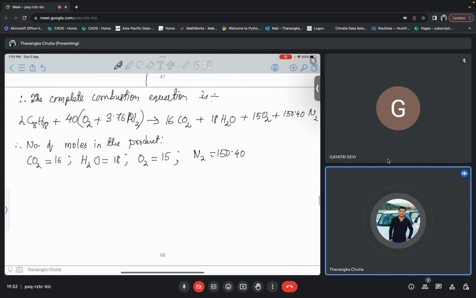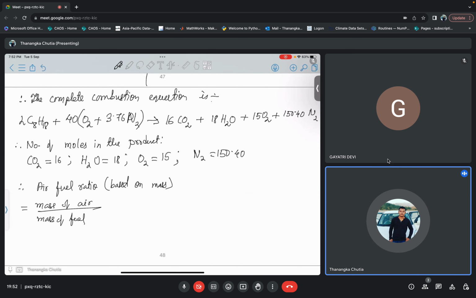So the air fuel ratio based on mass. We can also calculate based on mole, which we will be doing in the next question. It is simple: mass of air divided by mass of fuel.